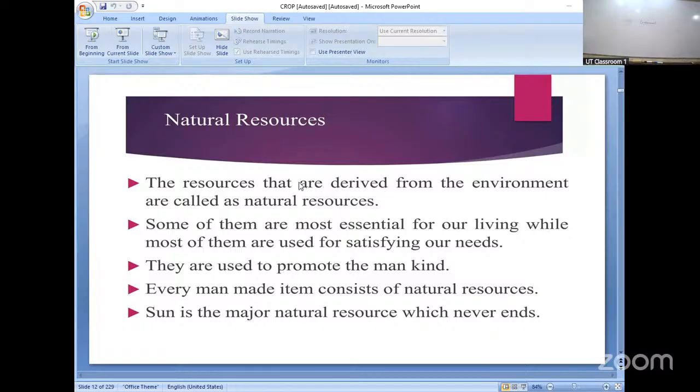See, the resources that are available in the environment, that are derived from the environment, are called natural resources, right? There may be man-made items also, and the sun is the major natural source that provides us solar energy. Okay.